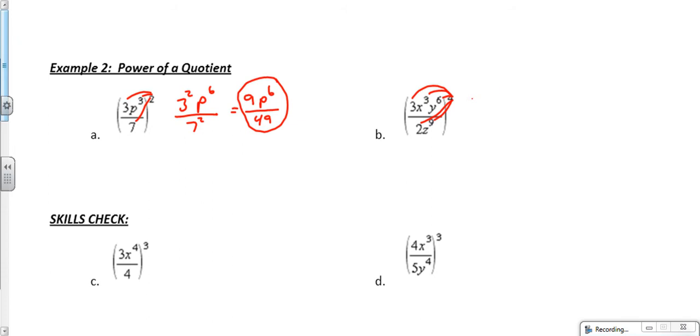So we have 3 to the fourth, x to the, now we multiply powers because of power raised to a power, so 12, y to the 24th over 2 to the fourth, and z to the 36th power. Now again, you can go ahead and evaluate 3 to the fourth and 2 to the fourth, but as is, that's fine at the moment.